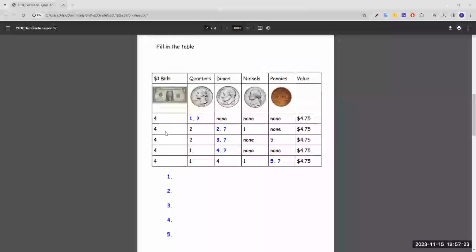Number three, we have $4 bills, 2 quarters, no nickels, and 5 pennies. So we have $4, 2 quarters, which is 50 cents, and 5 pennies. This is the exact same value as the problem before because 5 pennies and 1 nickel are the same value. So we're going to have the same answer, which is 2 dimes.